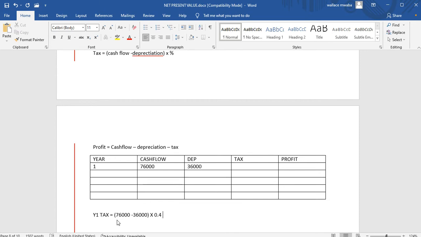Then we multiply that by 0.4, and we get 16,000. So the tax is going to be 16,000.